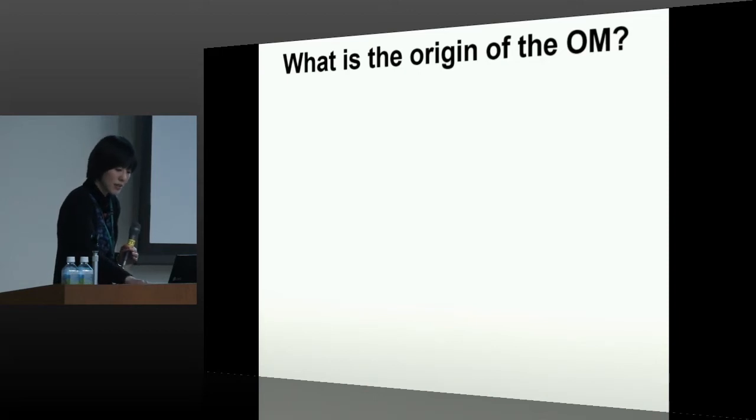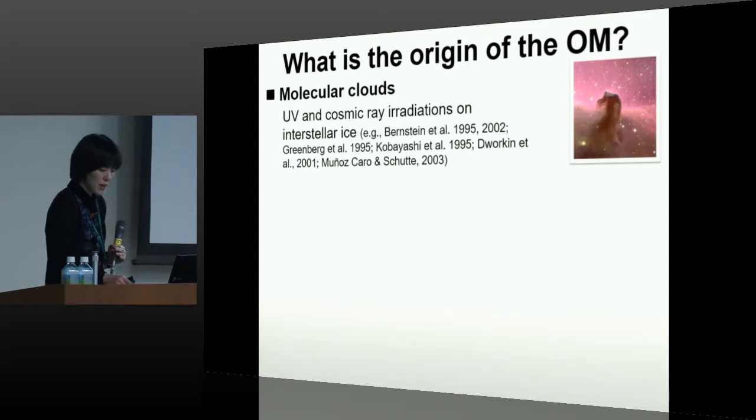There are several hypotheses to make various organic matter. First, in the molecular clouds, UV and cosmic ray irradiation on interstellar ice can produce various organic species.